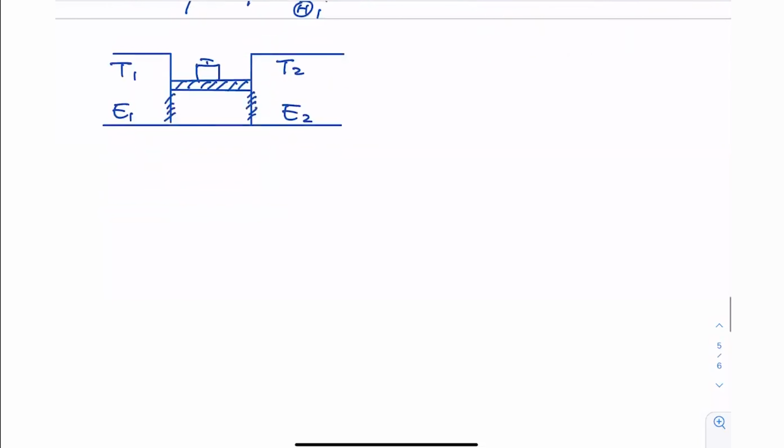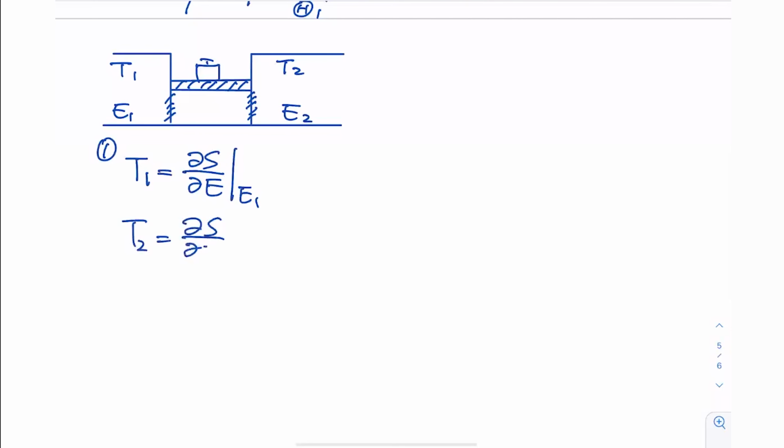So let me just write down what I mean by that. So first we define what is a heat bath. So a heat bath is something that has a fixed T. For system 1, it has T1, and for system 2, it has T2.